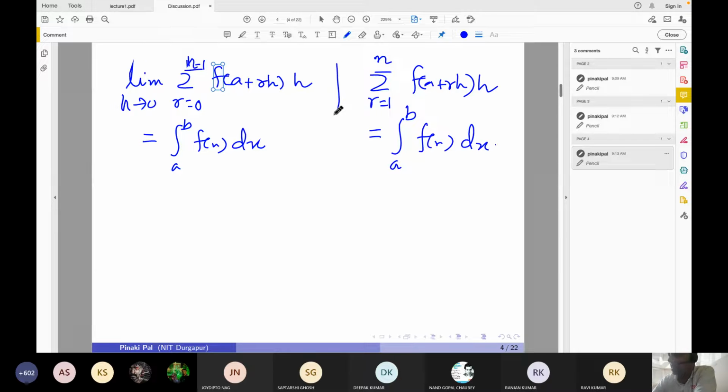If you consider the general definition of Riemann integration, it is not necessary that we consider the endpoints of the subinterval. So what is your rth subinterval? That is basically equal to x_(r minus 1) to x_r.